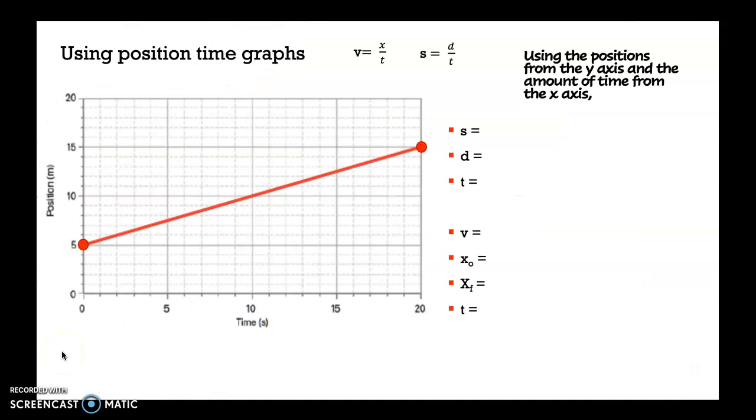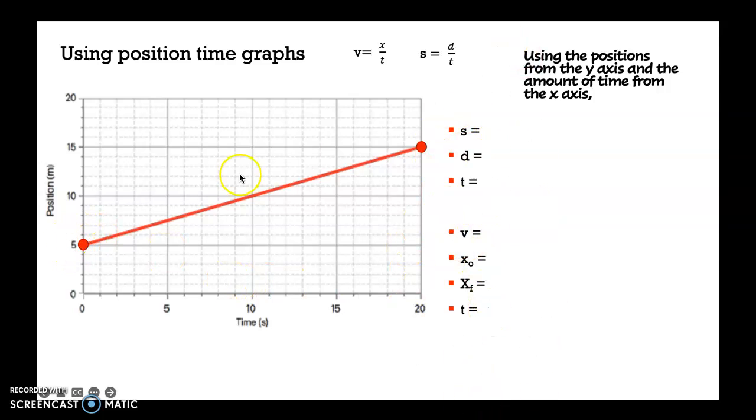All right, so let's go ahead and look at how we can use these equations with a position time graph. So using the positions from the y-axis and the amount of time from our x-axis, we are able to find both the speed and velocity.